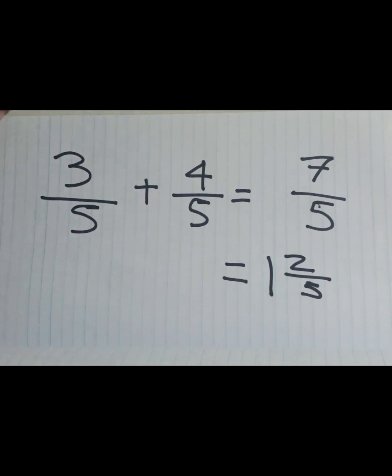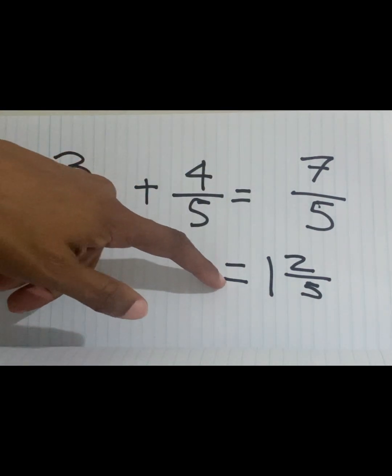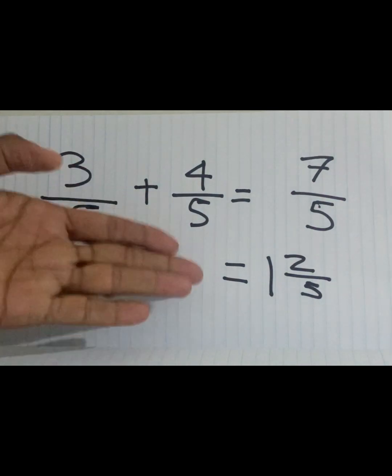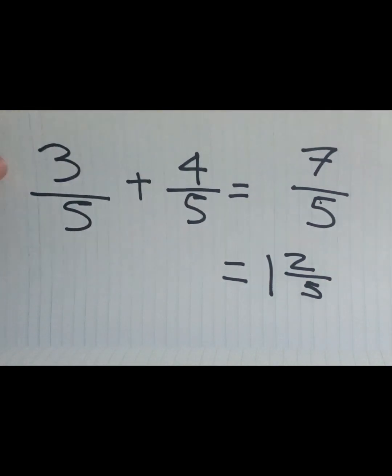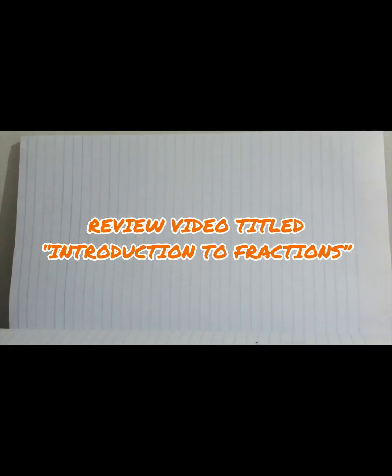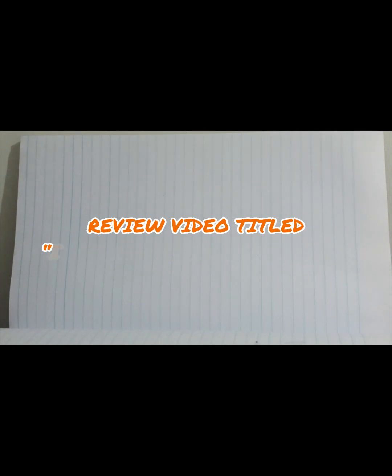But if it doesn't ask you that, we break it down into a mixed number, which is 1 and 2/5. If you don't understand the concept of mixed and improper fractions, go back to my previous video where we spoke about introduction to fractions.